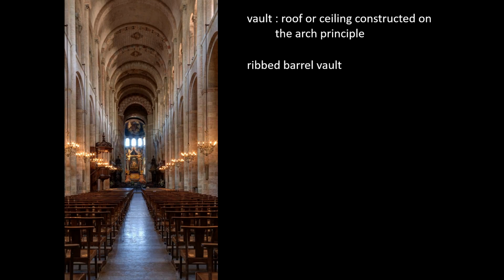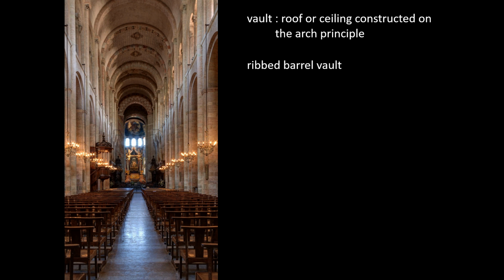So now let's move to the ribbed barrel vault. Okay, so the ribbed barrel vault, we still have that kind of long curved ceiling. But as I said, it wasn't quite as effective as people hoped or needed. How can we make these ceilings even stronger? That's where the ribs come in.